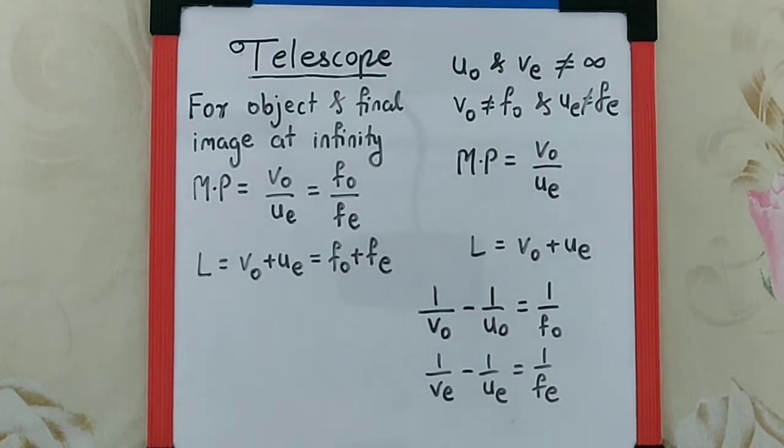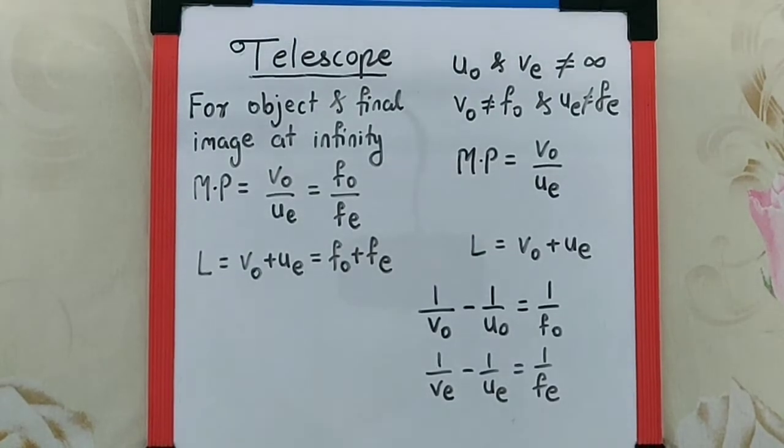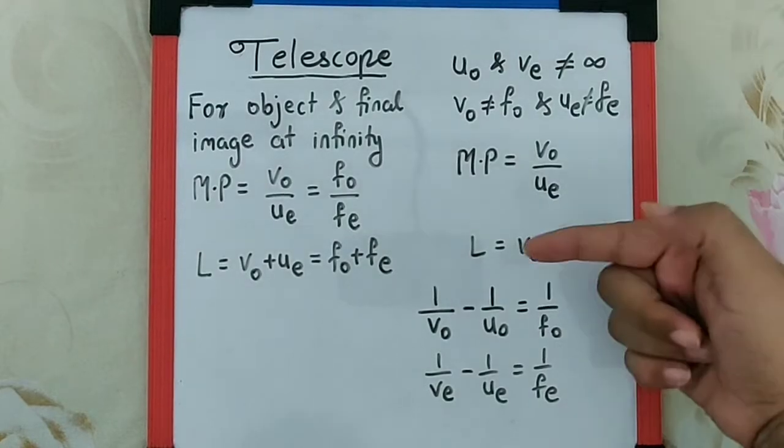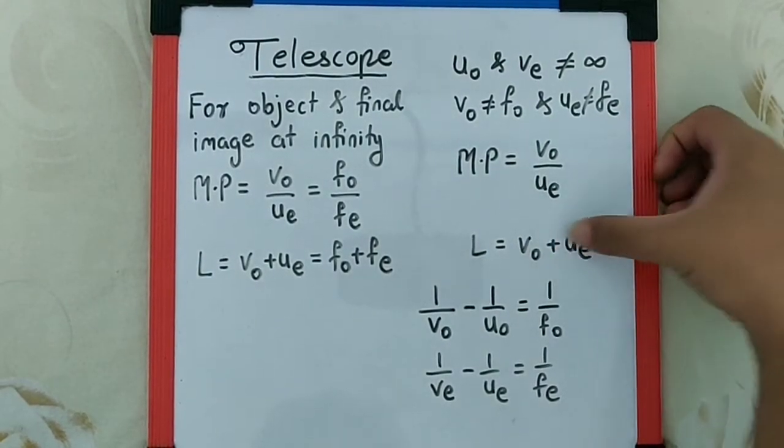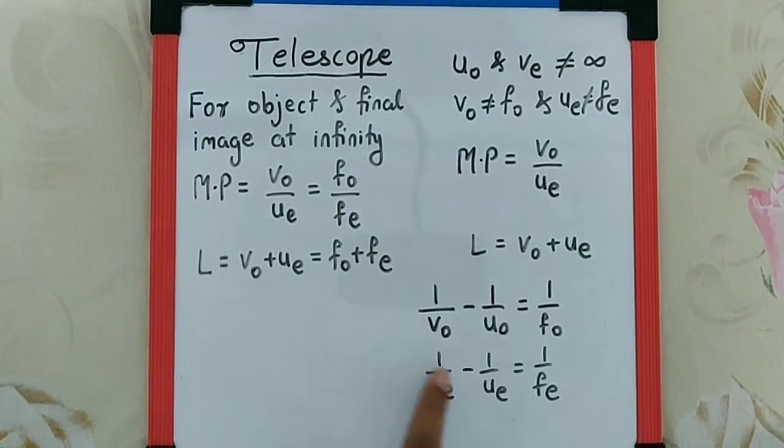These are the two formulas which we need to use to actually calculate the value of magnifying power and length of the telescope, because they are dependent on VO and UE, which can be calculated from these two formulas.